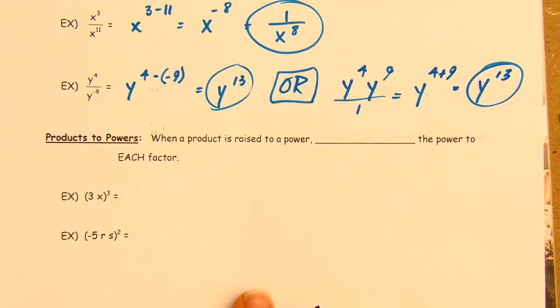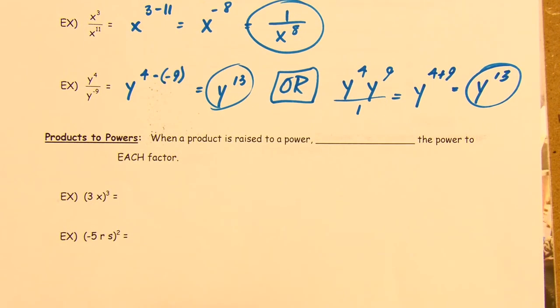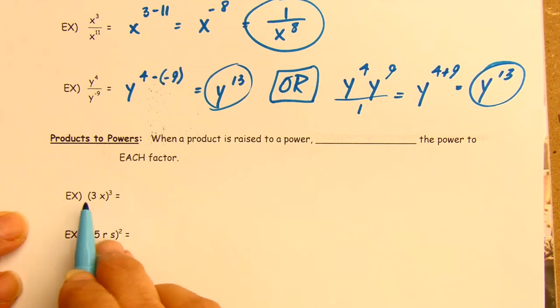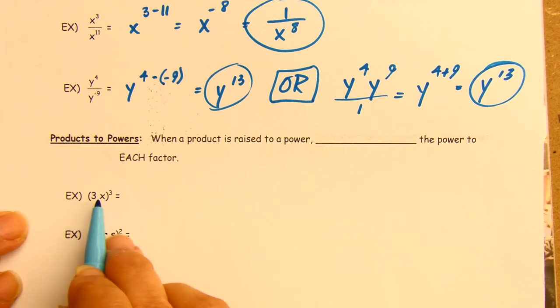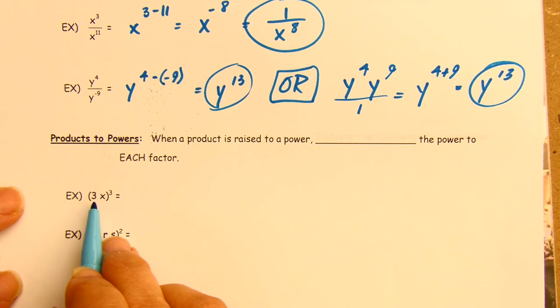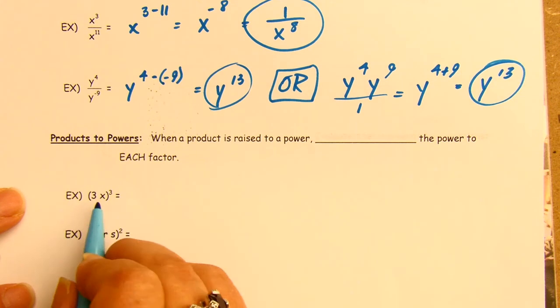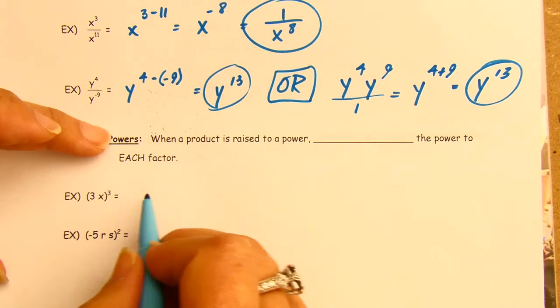What do we do when we're raising a product to a power? Let's look. We have a product. There's two things inside the parentheses. It's not addition or subtraction. They're being multiplied, and the result of a multiplication problem is called a product. So 3x, that thing raised to the power of 3. Well, let's write out what that means.